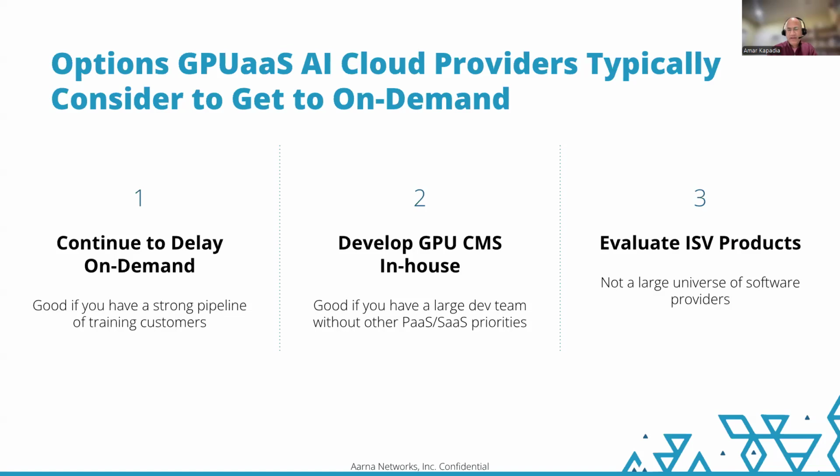You can take OpenStack or something else and hack it up to make it fit the NCP reference architecture, because OpenStack out of the box does not support the NCP reference architecture. The third is to evaluate third-party ISV products. And there just isn't a large universe of software providers. We happen to be one of them, but we know that it's not a space where there are a lot of options.